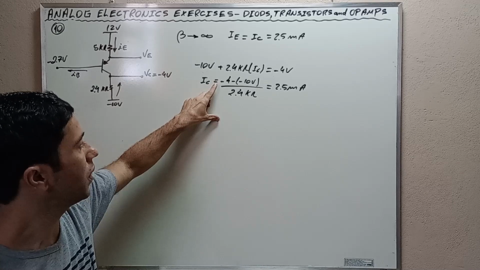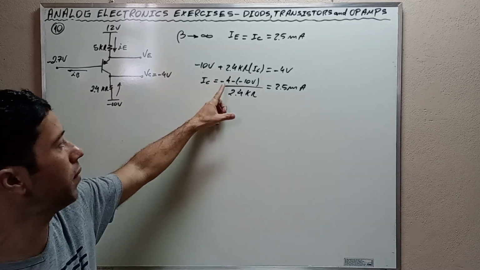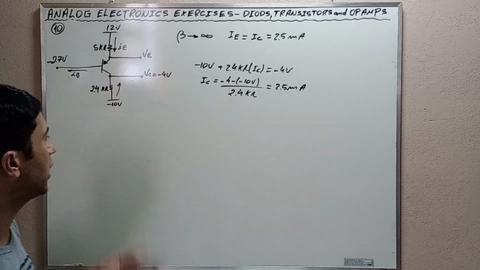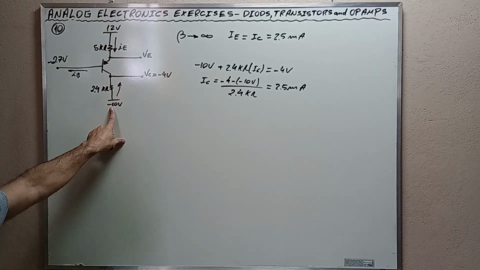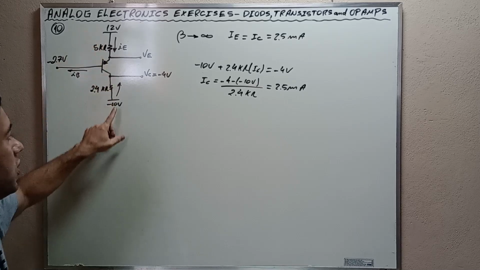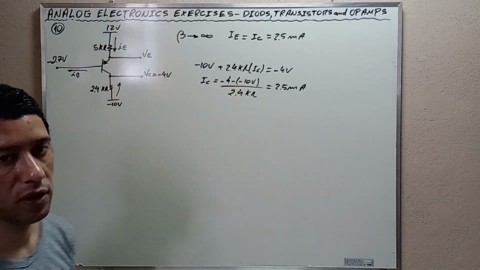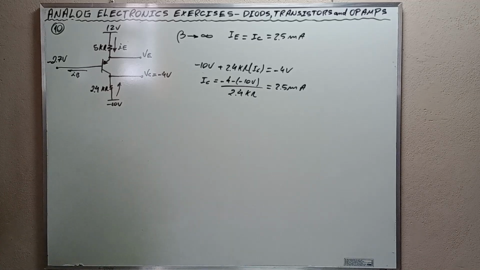But here it is negative 4 minus negative 10 volts, which is plus 6, okay, because here the source is negative, here the source is positive, here the source is negative. That's why we did this in this way.